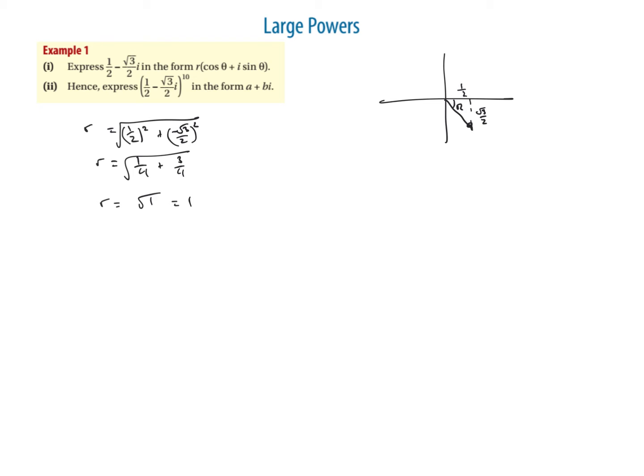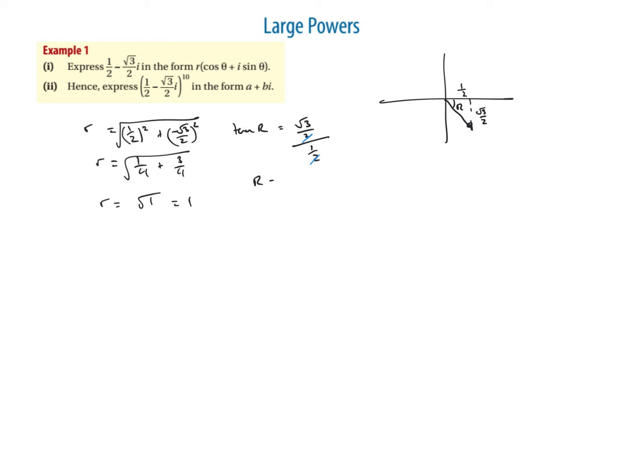So we now have our r part of the polar form. Let's work out the angle part now. We know that tan of the reference angle is equal to the opposite, which is root 3 over 2, divided by a half. The 2's will cancel, and we end up with tan of the reference angle equal to root 3.